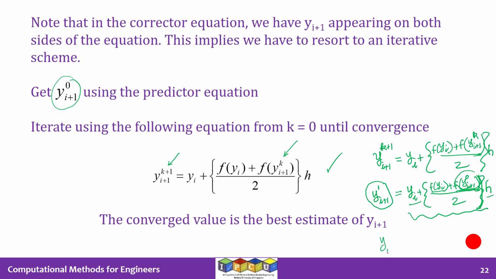So I will compute yi plus 1 2 is equal to yi plus f of yi plus f of yi plus 1 1 by 2 multiplied by h. So the result of yi plus 1 1, if it is significantly different from yi plus 1 0, I will take it and put it here to evaluate the average slope again. And this evaluation will lead to a value yi plus 1 2.